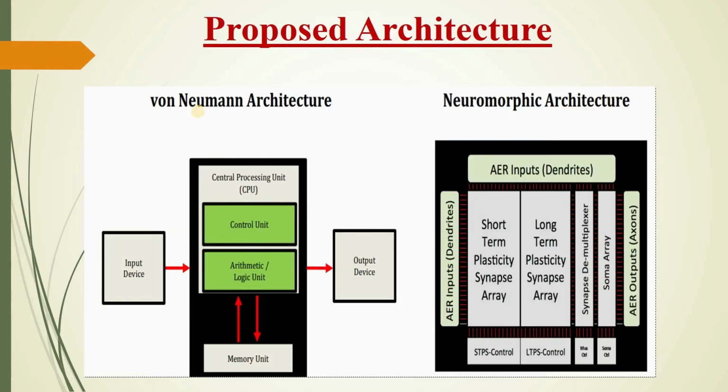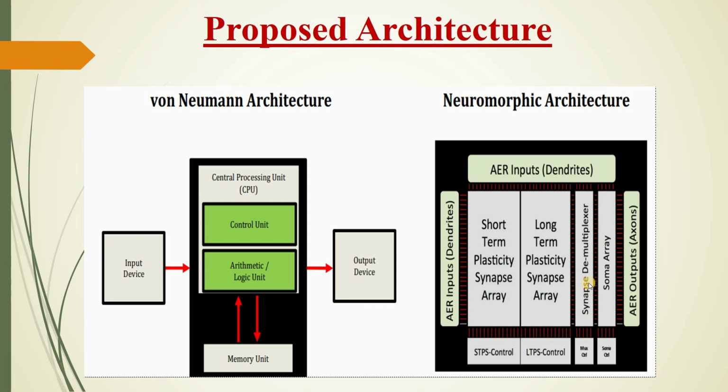Generally, most of the advanced machines use one architecture, which I have already discussed. Here the memory unit and processing unit are two separate entities. But in a neuromorphic architecture, the memory unit and the processing unit are co-located.